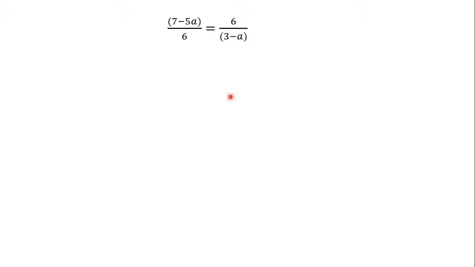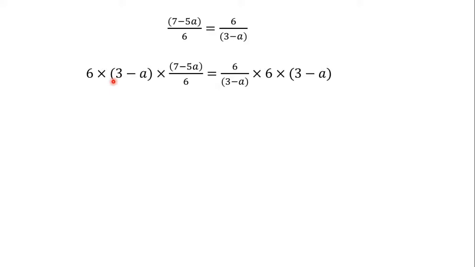So we multiply the term on the left hand side by 6 times 3 minus a, and we multiply the term on the right hand side by 6 times 3 minus a. And this will give us 6 times 3 minus a times 7 minus 5a divided by 6 is equal to 6 divided by 3 minus a times 6 times 3 minus a.